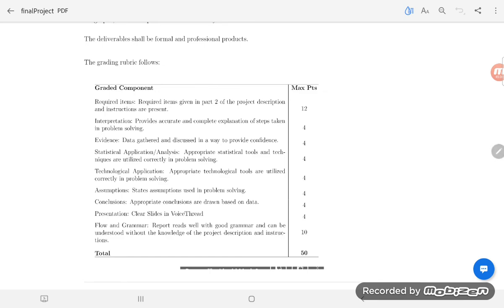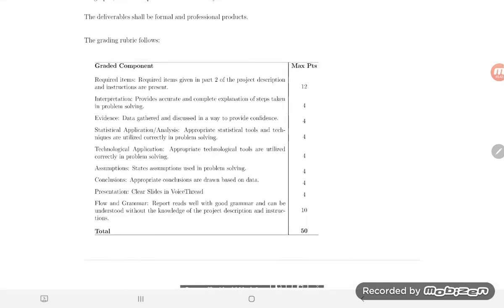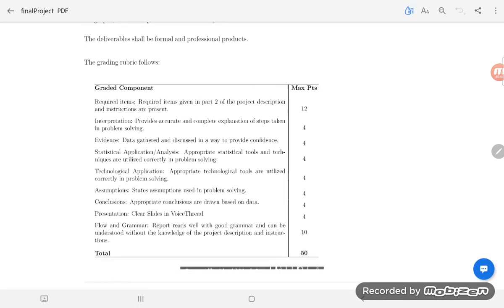Conclusions, appropriate conclusions. No, not quite again, because they didn't do that complete statistical analysis. That affected their conclusions a bit, but their conclusions weren't incorrect for what they had.